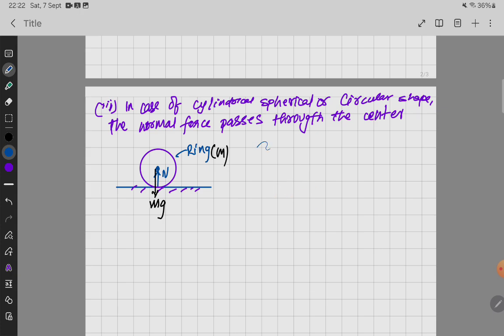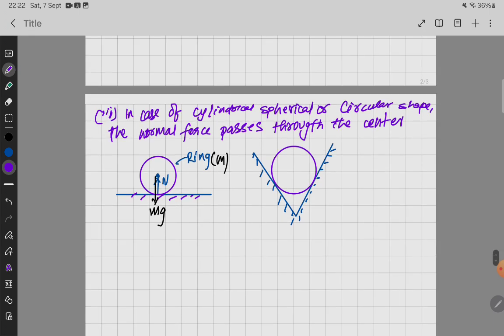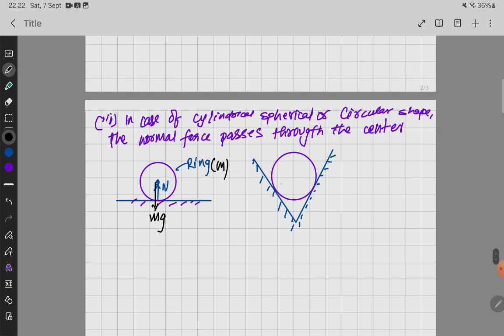Another case like this, this is a V shaped surface. Now here I am keeping one sphere, or ring. So again here this is the center of this ring, so normal will be like this.